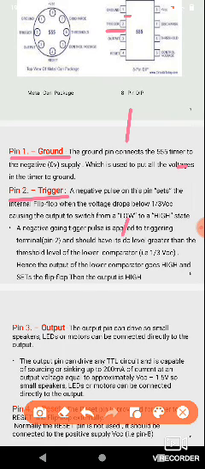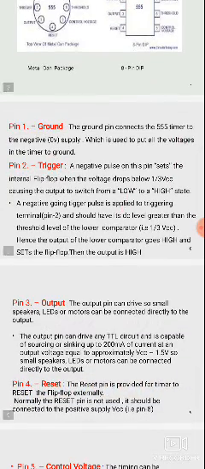Next, a negative going triggering pulse is applied to the triggering terminal, pin 2, and when the DC level is greater than the threshold level of the lower comparator, that is 1/3 VCC, the output of the lower comparator goes to high state, and the flip-flop output changes state from low to high.